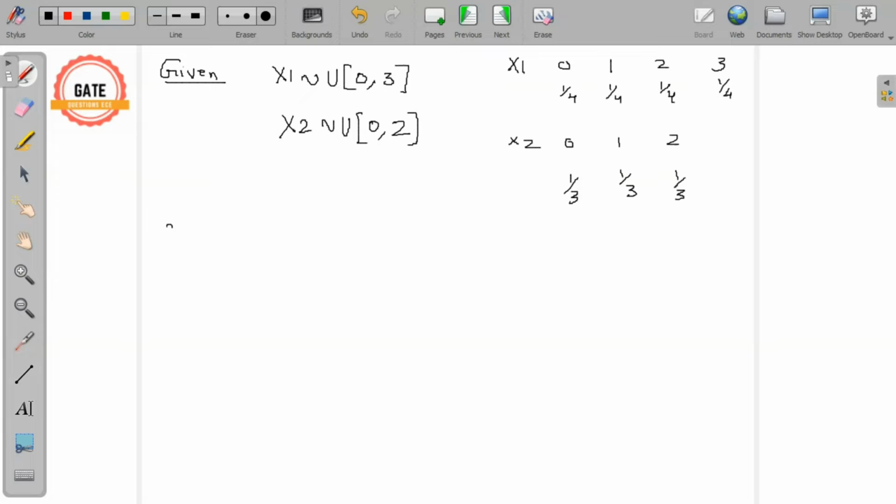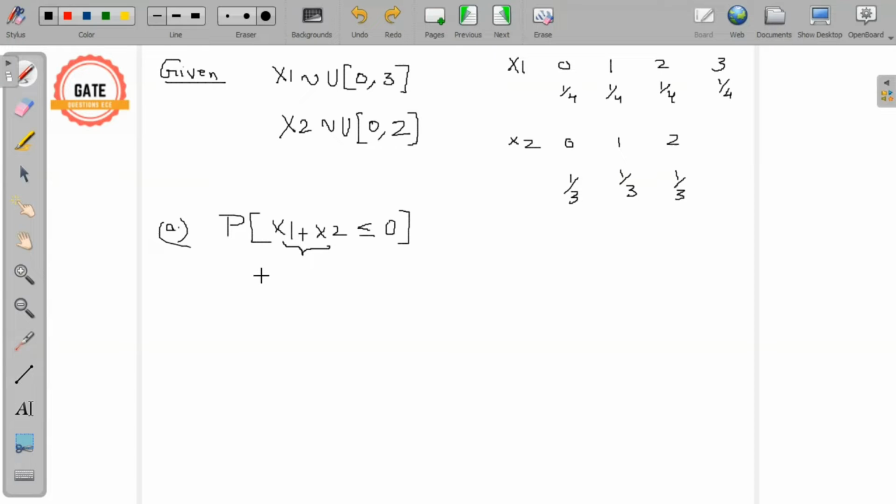So in the first problem he has asked about the probability that x1 plus x2 is less than or equal to 0. So in such problems where there is a sum of two independent random variables, we use the method of convolution.